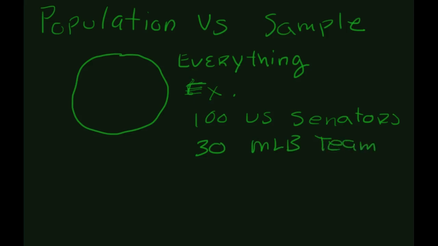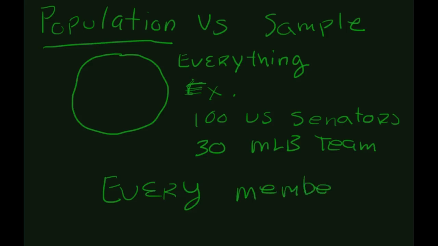There are exactly 30 of them, so if we were looking at all 30 teams, we would be looking at the population. The key to thinking about a population is that you have to have every member. So every member of the group has to be present in order to have a population.